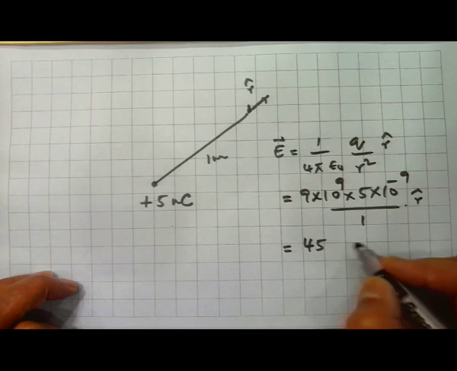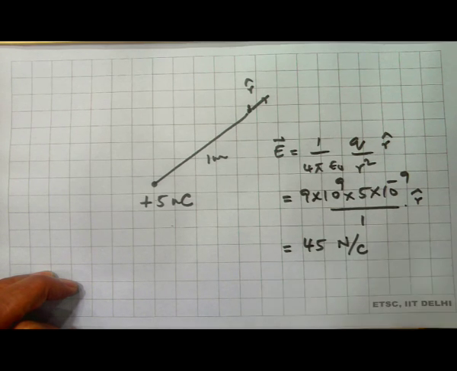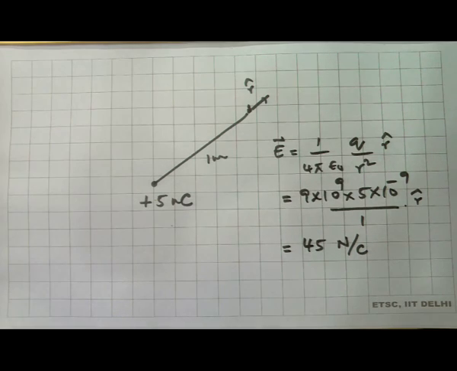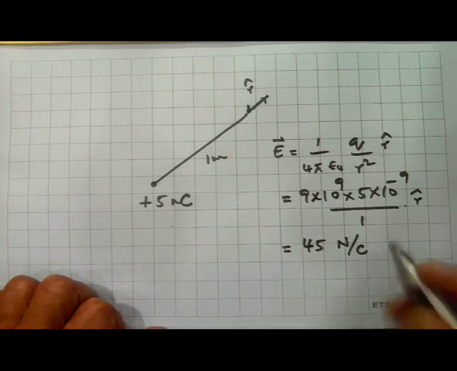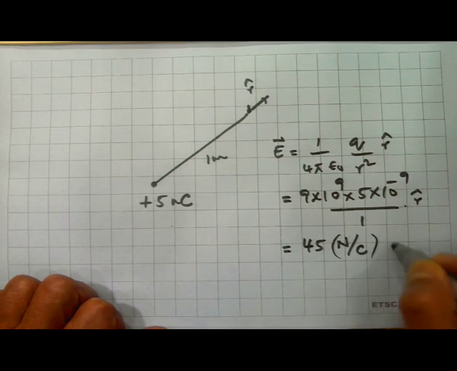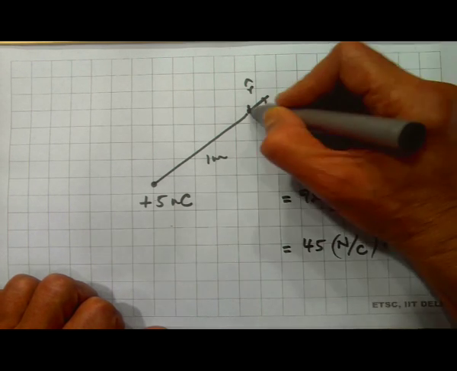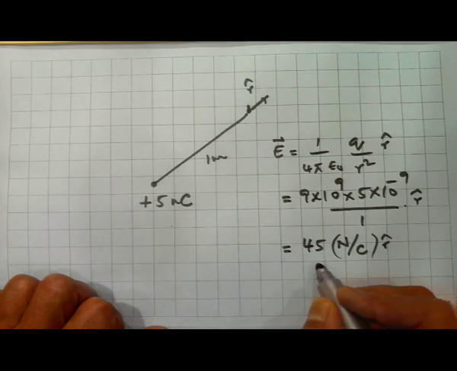Now, the unit of this, as you can see, is force per unit charge, so newtons per coulomb. Later on we will introduce another unit for electric field. So, this is 45 newtons per coulomb, and the direction is r cap. So, at this 1 meter distance, there is an electric field of this much.